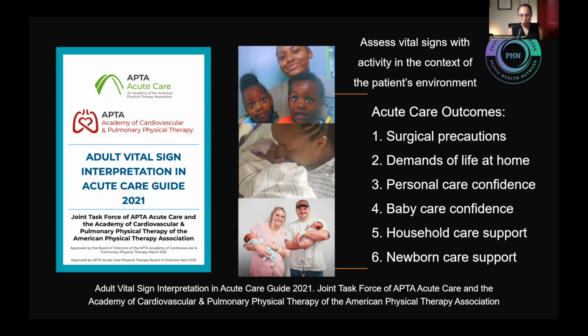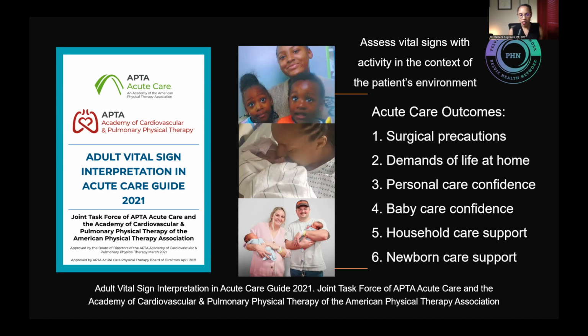So for their surgical precautions, we may approach that as an abdominal surgery patient, looking kind of apples to apples, but that means little to nothing, not lifting more than 5 pounds, 8 pounds, 10 pounds.